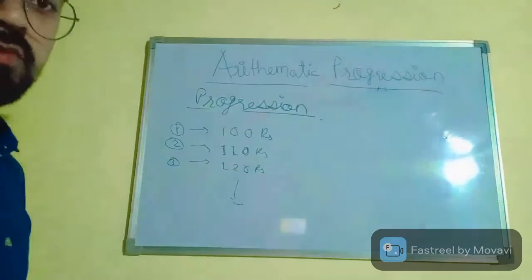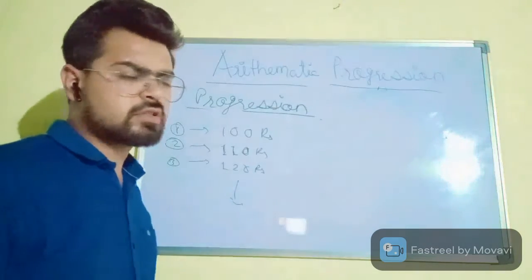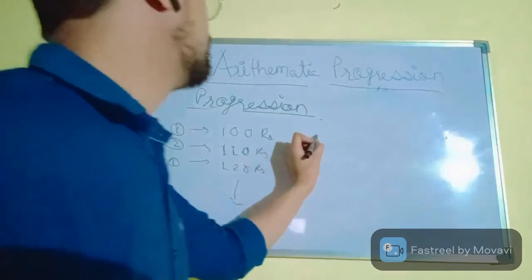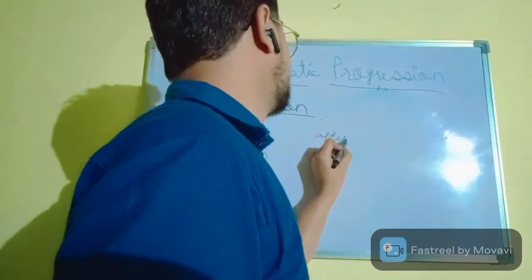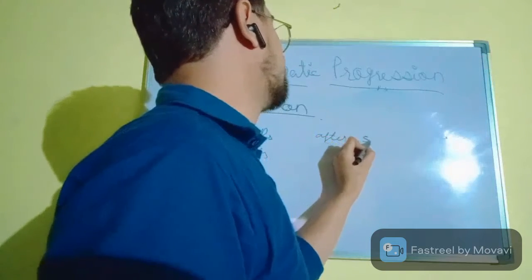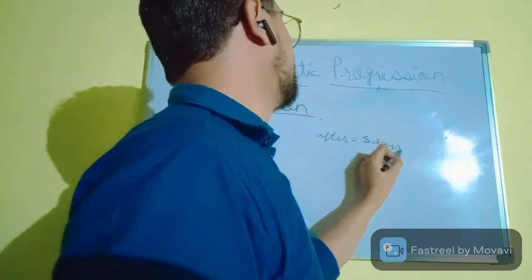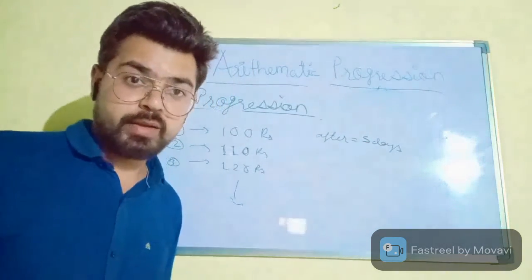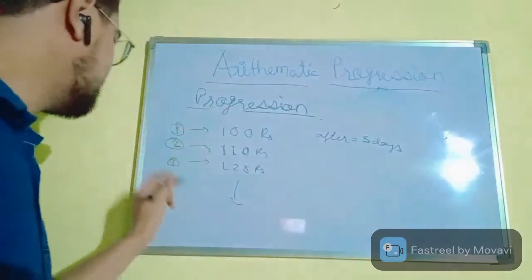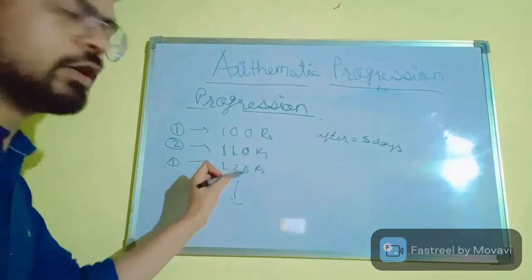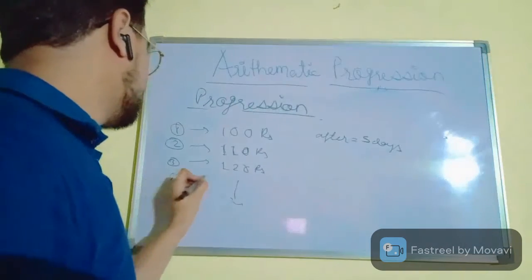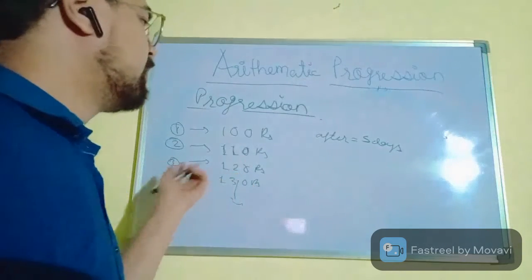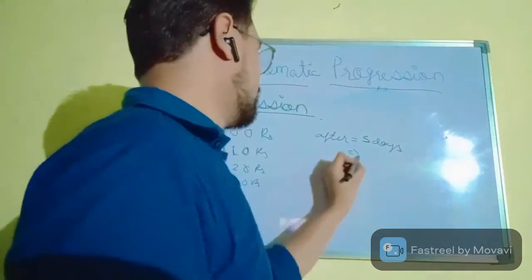Now, if I ask you how many rupees you have to put in your piggy bank on the fifth day, you can directly say up to third day we have 120, then fourth day it is 130, and on fifth day it will be 140 rupees.